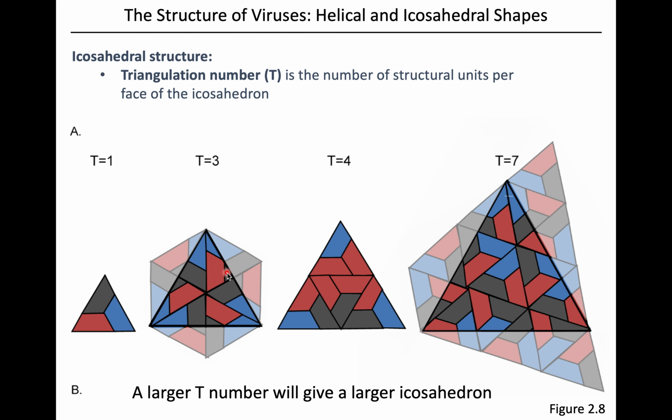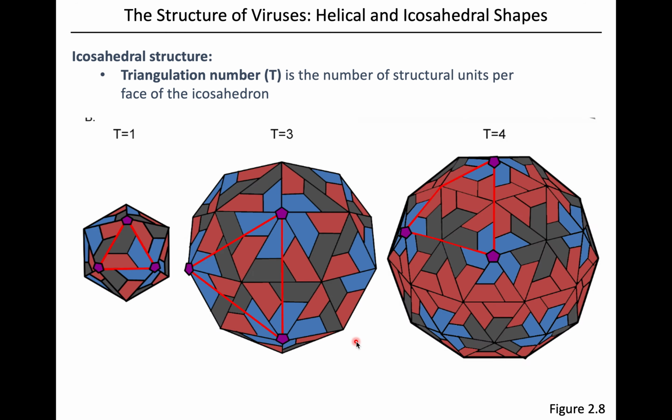We have 1, 2, 3 structural units here for that one equilateral triangle. Basically, the larger the triangulation number, the larger the icosahedron is going to be. You can see that illustrated here: triangulation number 1 versus 3 versus 4. They get larger and larger quite quickly.